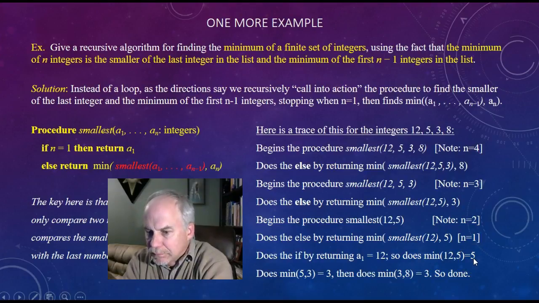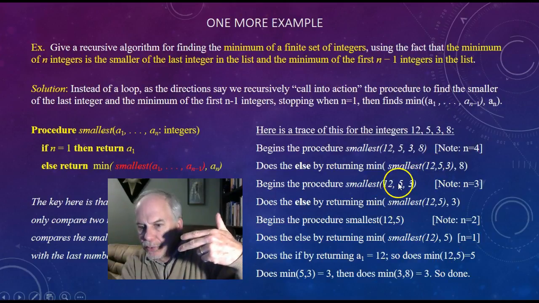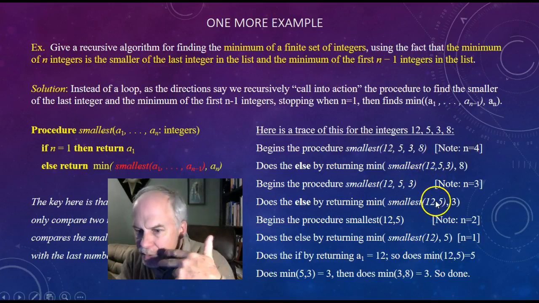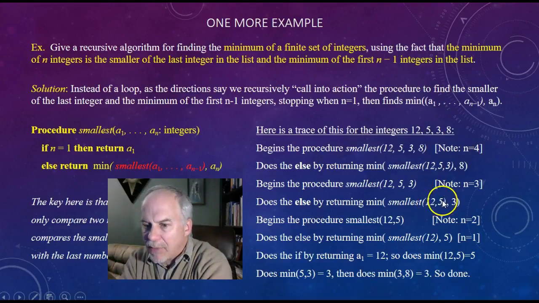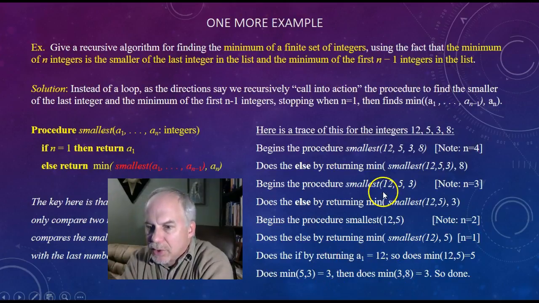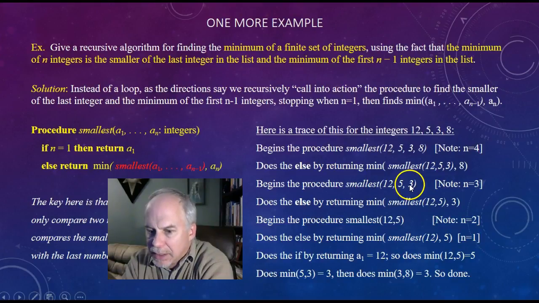Then that is sent back up to the minimum of 12 and 5, so it's going to compare now 5 and 3. It does the minimum of 5 and 3, which is 3, and sends that up to this comparison of 12, 5, and 3.